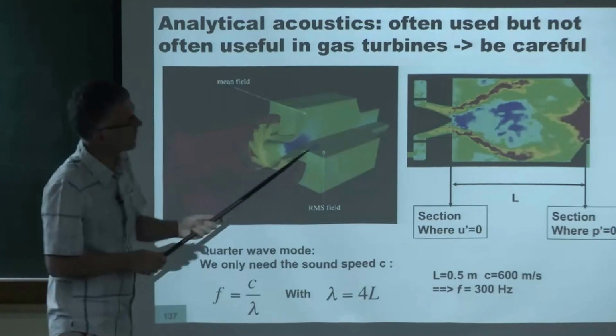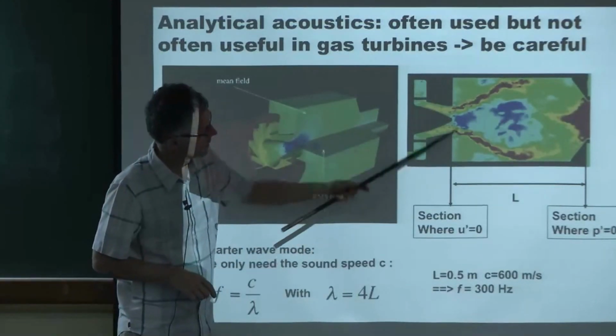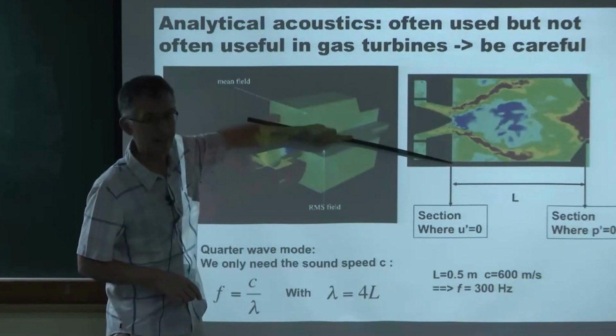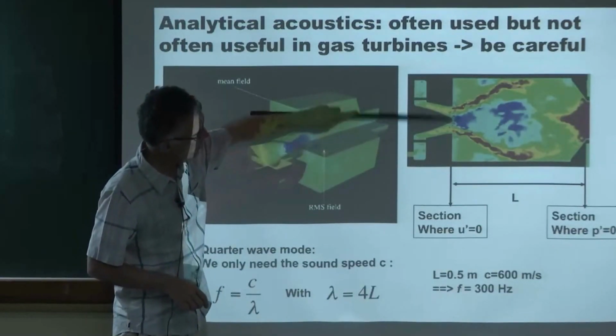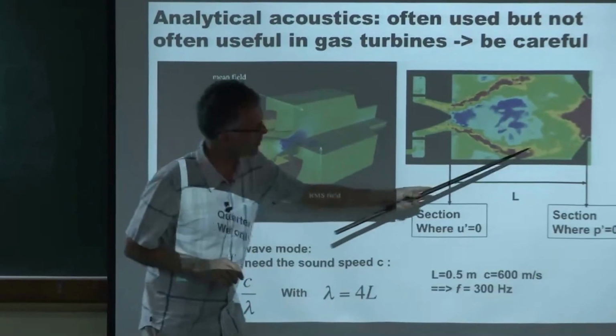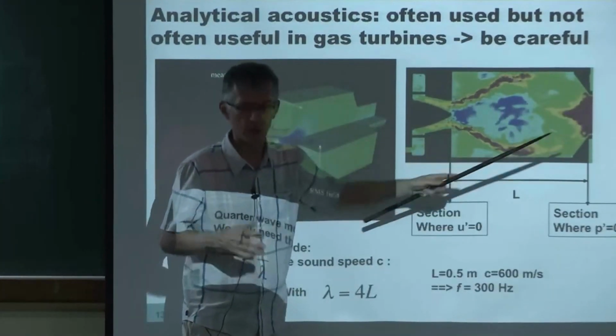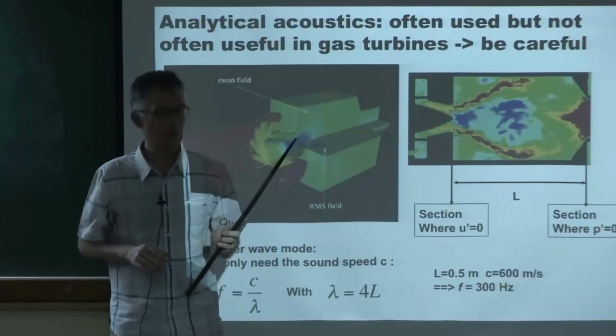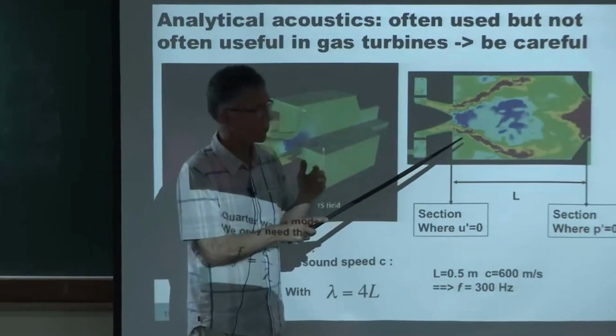You can say, okay, this is a combustion chamber. It's mostly walls. There's a small hole here, but mainly it's a wall. So probably the boundary condition here is not far from U prime equals 0. And here at the outlet, if I am releasing this into the atmosphere, the boundary condition is probably not far from P prime equals 0. So what is the mode? The first mode which can fit here.